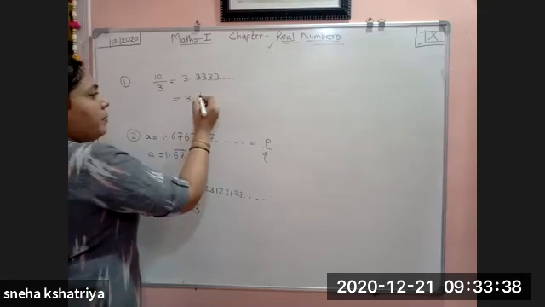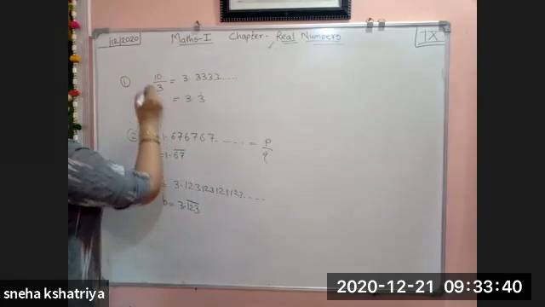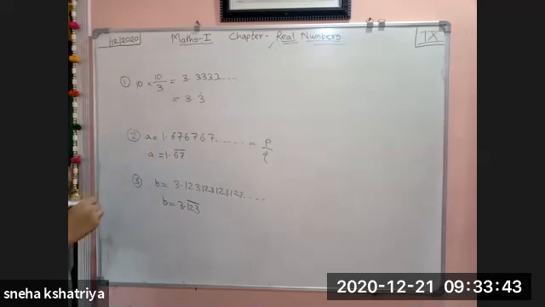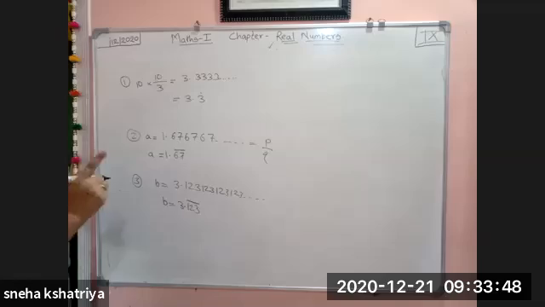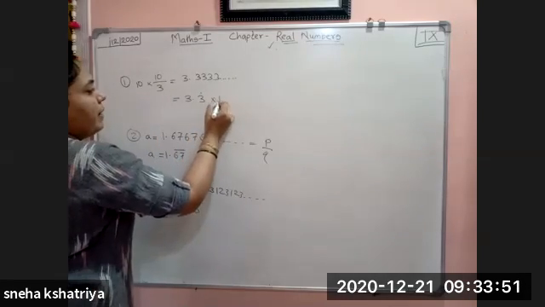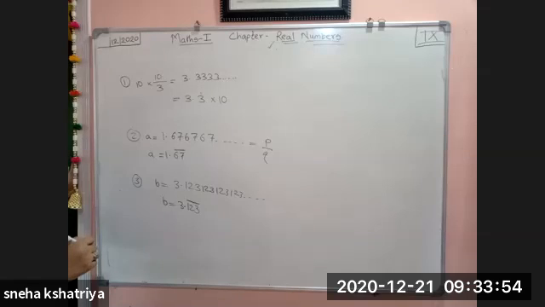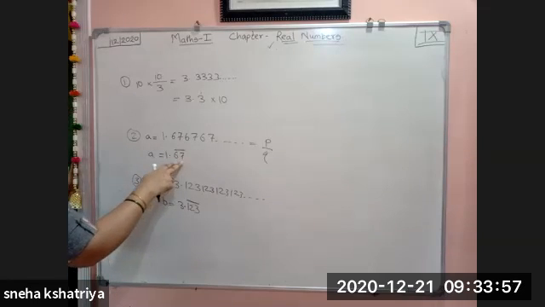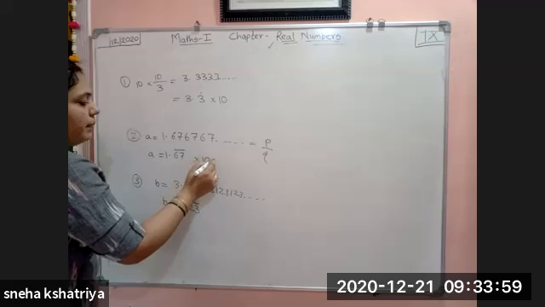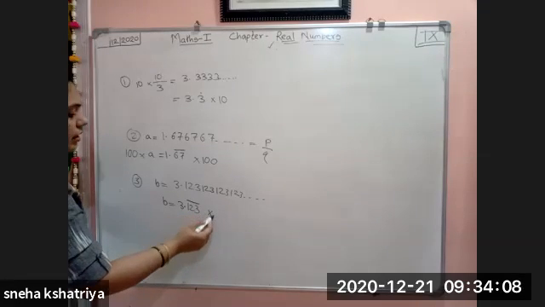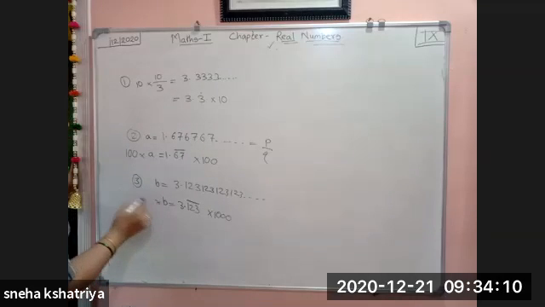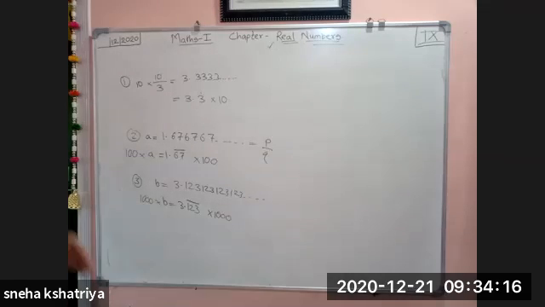If one digit is recurring, multiply the given fraction by 10. If two digits are recurring, then multiply the given fraction by 100. And if three digits are recurring, then multiply the given fraction by 1000 and so on.